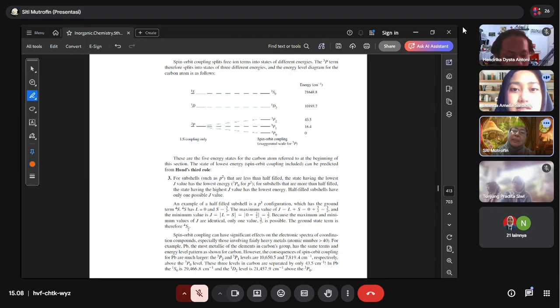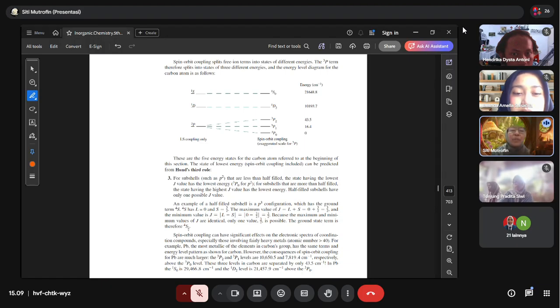Three. This is px, py, pz. Name a suborbital.